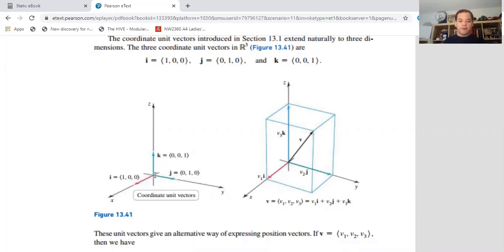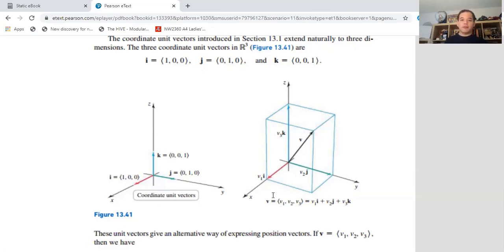Then in light blue, we have j on the y-axis and k on the z-axis. So these are the three unit vectors that are along each one of the coordinate axes, like x, y, and z. These three vectors, okay? And the good thing about it is that then you can write down any other vector as a combination of them. And this is illustrated on the picture on the right.